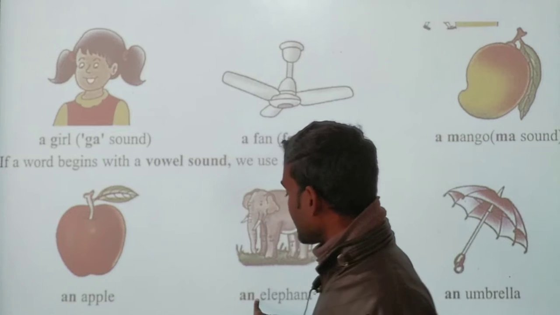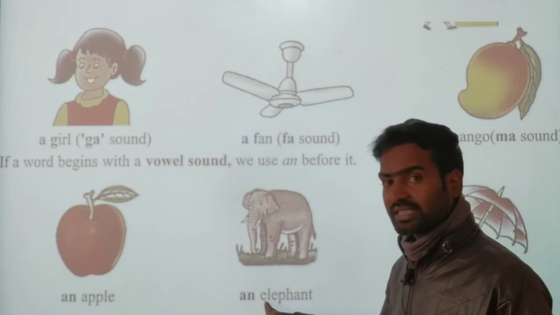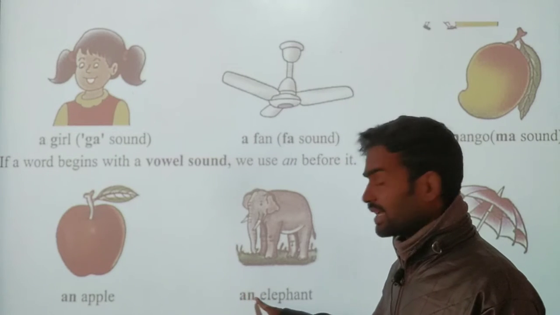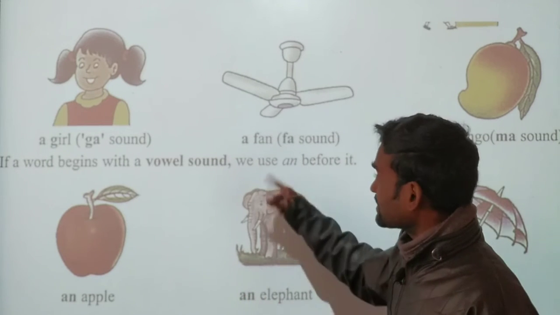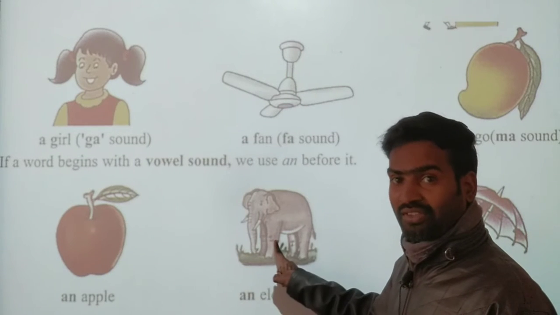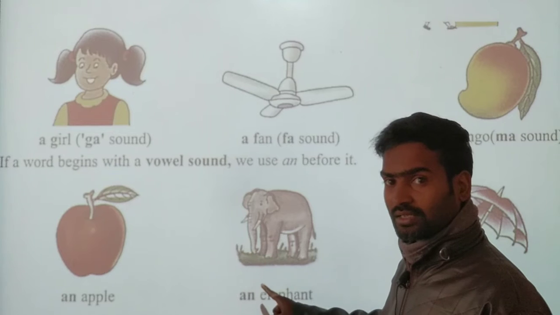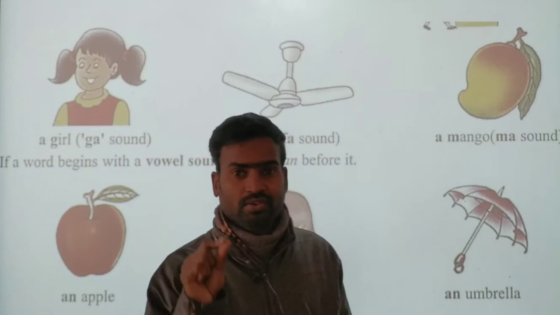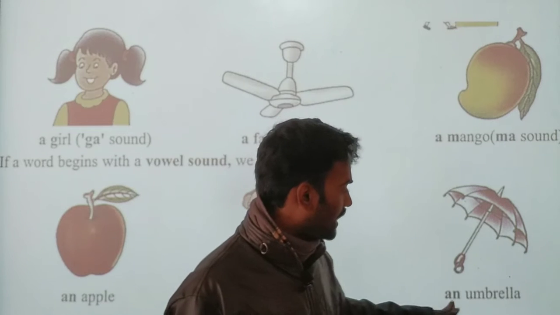And an elephant begins with the vowel E, A-E-I-O-U. E, elephant sound, so we use an elephant. Both are the same. A fan means only one fan. An elephant means only one elephant. Singular. But because of the consonant sound and vowel sound, we change it. And an umbrella.